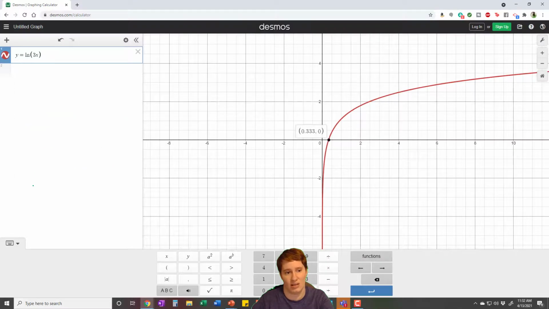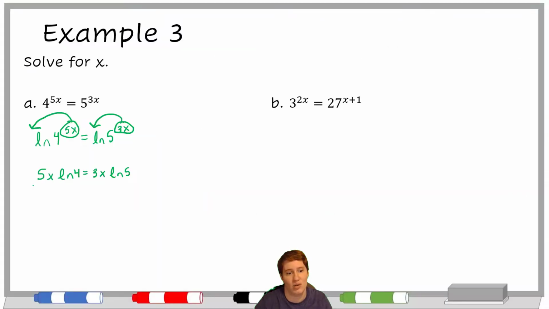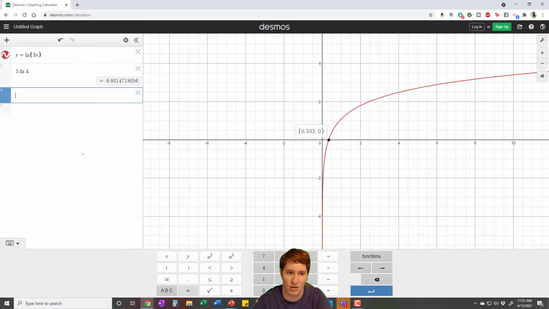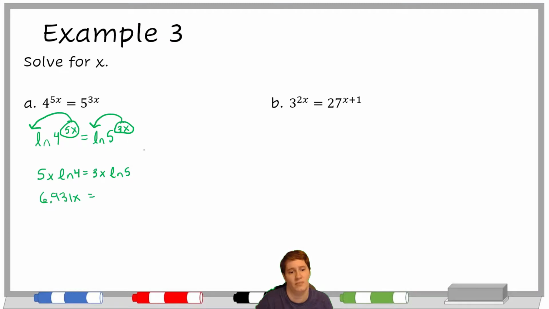So I'm going to do that at the same time: 5 ln 4 gives me 6.931. So on the left, I'd have 6.931x. And then I'm going to do 3 times ln of 5, which is 4.828, and that's going to be in front of an x.